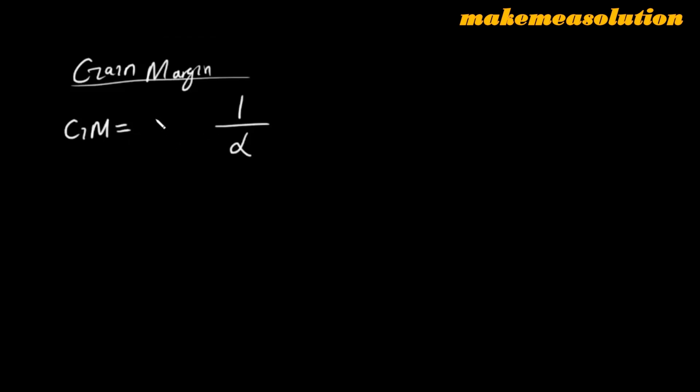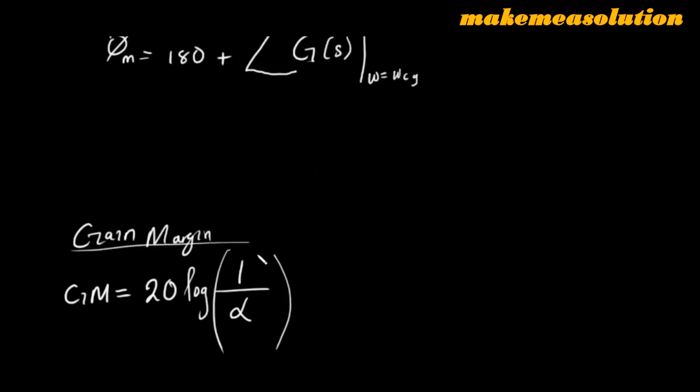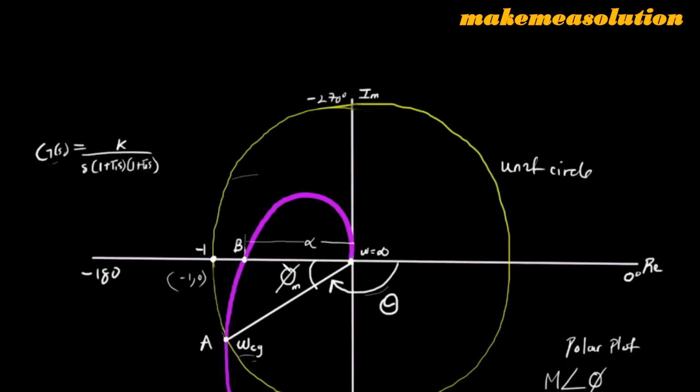So with that, we define our gain margin as the ratio 1 divided by alpha. Sometimes the gain margin is expressed in decibels, so you have 20 log 1 divided by alpha, taken as the gain margin, where alpha is the distance from here to here, and alpha should be less than 1.